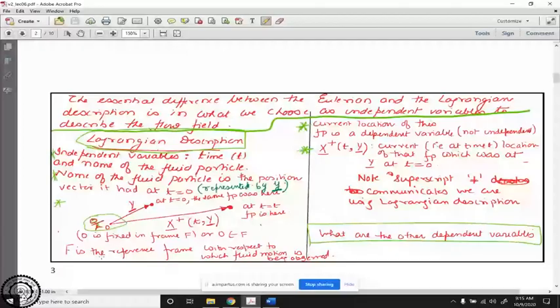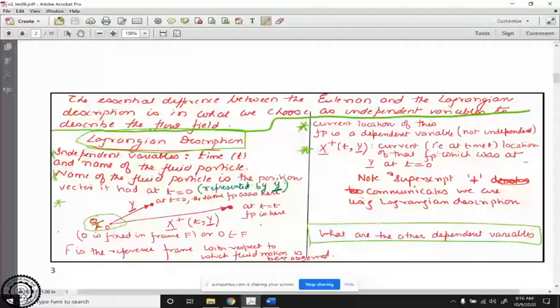So in that way, t is already an independent variable. The other independent variable becomes y. All right, and then you will realize that in this description, when y is an independent variable, the current location of the fluid particle at this instant becomes a dependent variable, and that is denoted by what I have written here: x plus of t comma y.